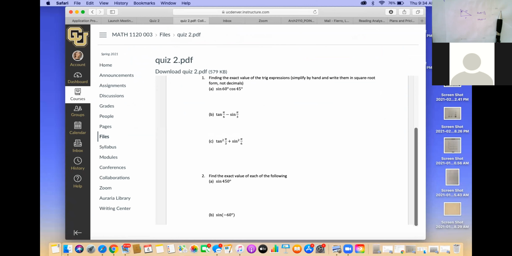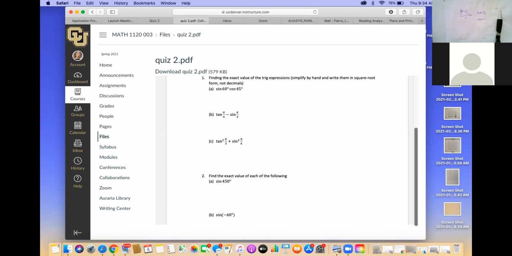Hey, Professor. Yes. So with C, I don't remember how we did C. I'm trying to get that scan to you before the deadline. But for future reference, after I do the scan real quick, can we go over how we do that one?